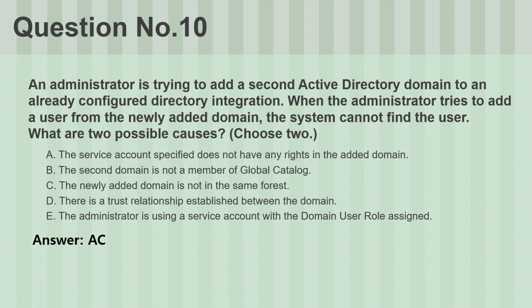B. The second domain is not a member of Global Catalog. C. The newly added domain is not in the same forest. D. There is a trust relationship established between the domain. E. The administrator is using a service account with the domain user role assigned. Answer A, C.